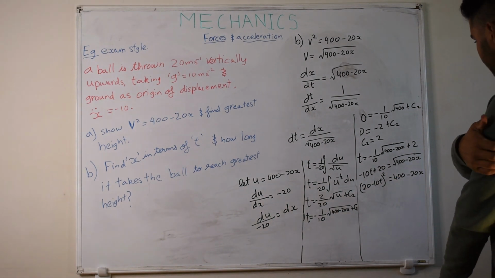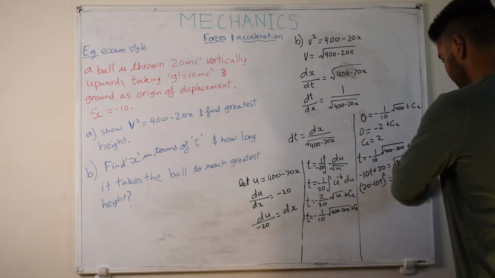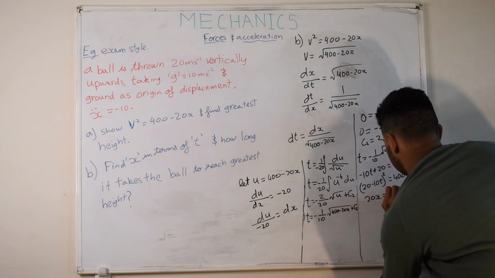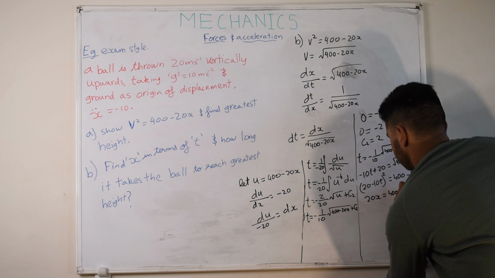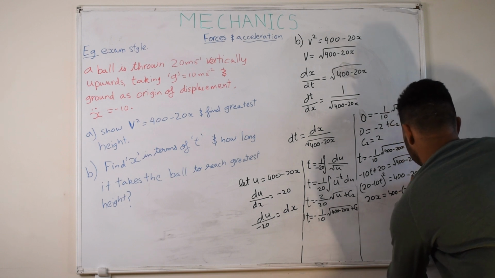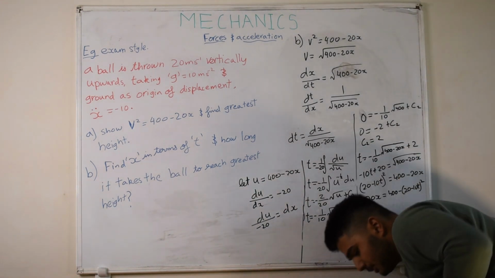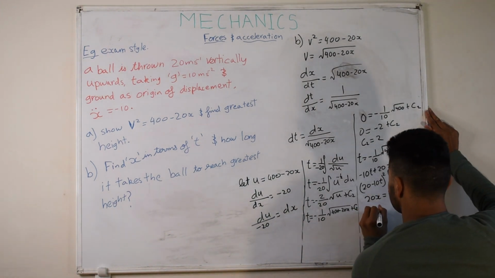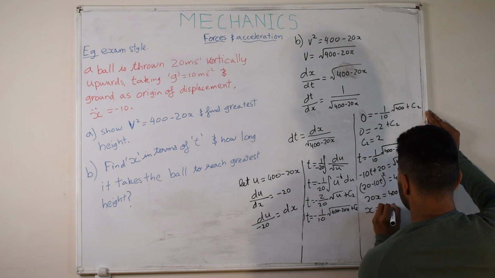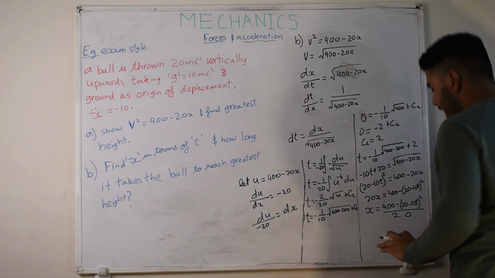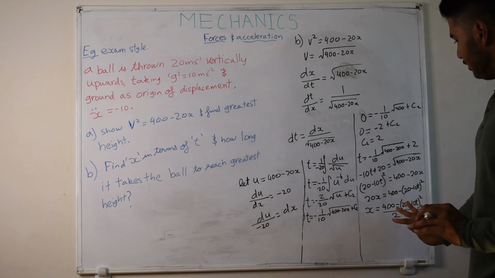Correct? Next step, add 20x, bring this on the other side. 20x equals 400 minus (20 minus 10t) all squared. Correct? Final step, divide both sides by 20. So x then equals 400 minus (20 minus 10t) all squared, all upon 20. So that is x in terms of t we've been given over here.